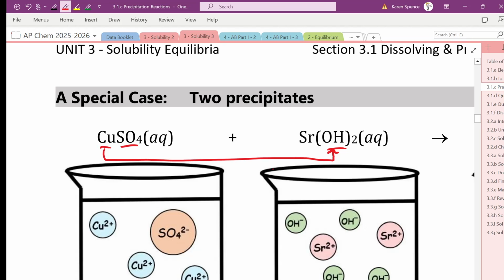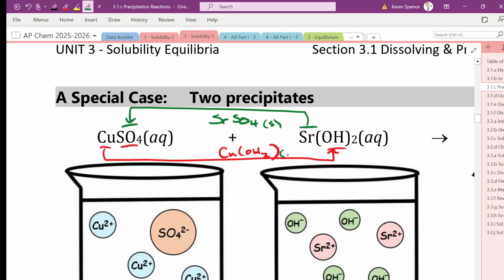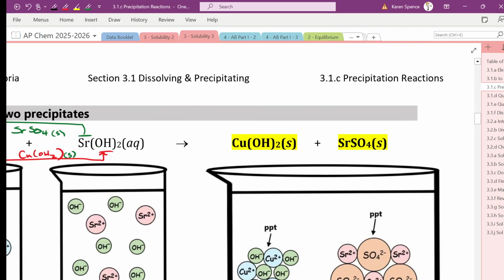All right, so we do our outside ions, so we'll end up with Cu(OH)2. And then we do our inside ions, strontium, sulfate, Sr, SO4. If we look those up on our solubility chart, it turns out they are both solids. So our products would be copper hydroxide solid and strontium sulfate solid.